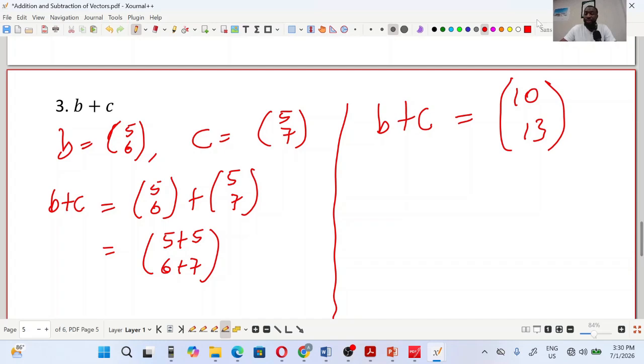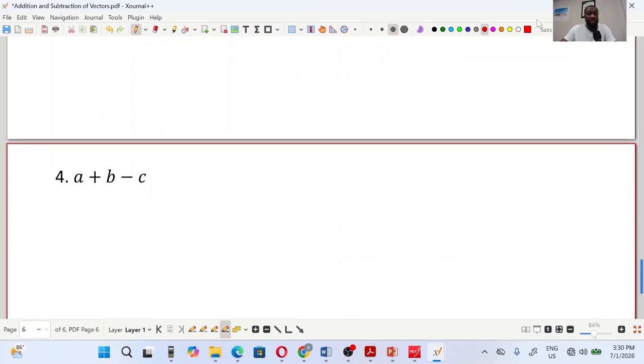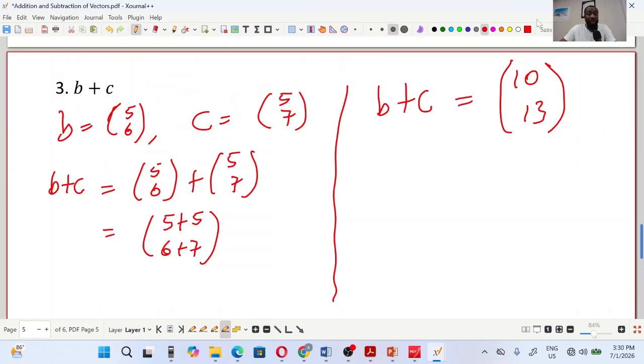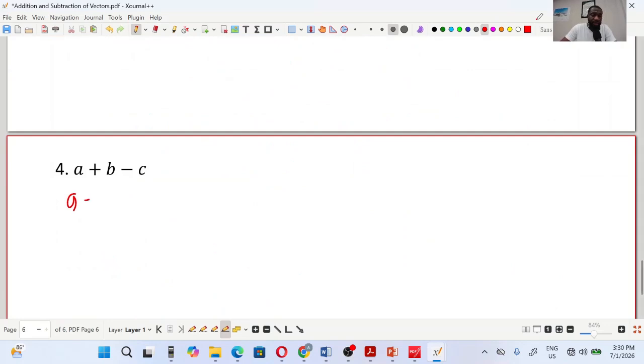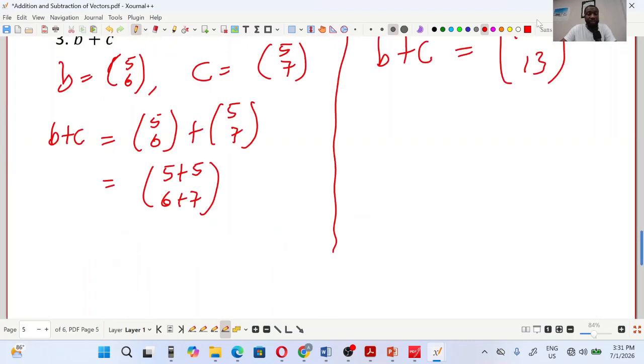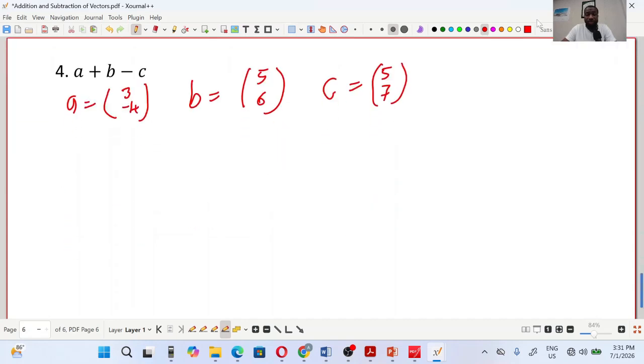And that's it. So let's look at the last one. What does it say? It says A plus B minus C. We know our A is equal to (3, -4), our B is equal to (5, 6), and our C is equal to (5, 7), right? Let me double check. 5 and 7. Right?